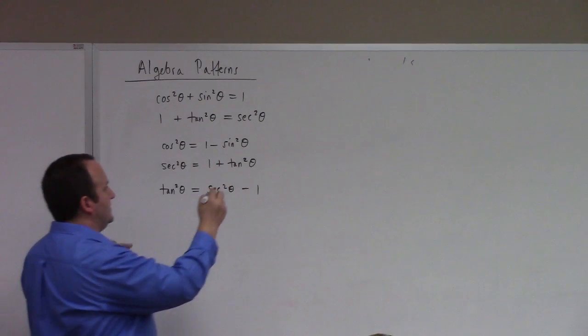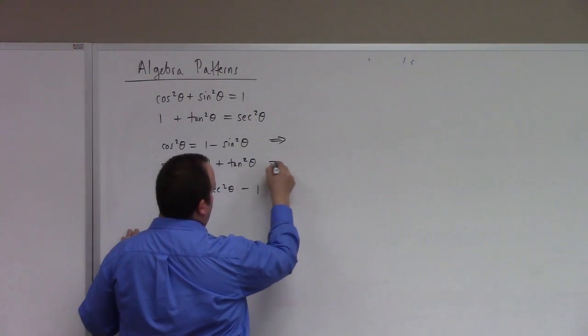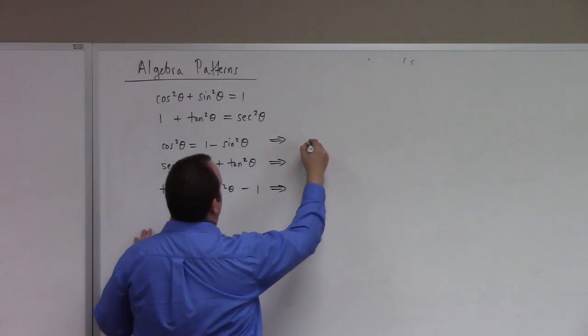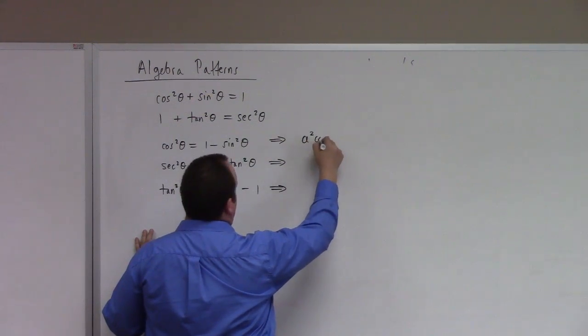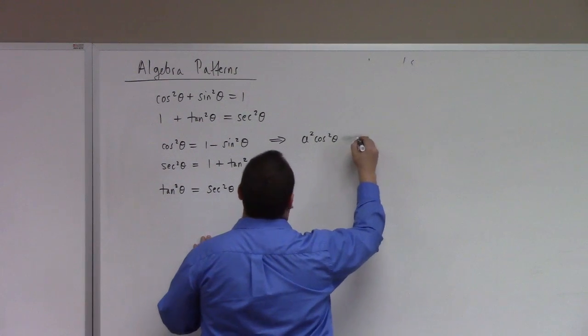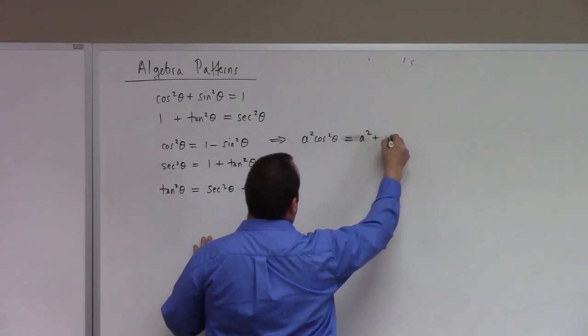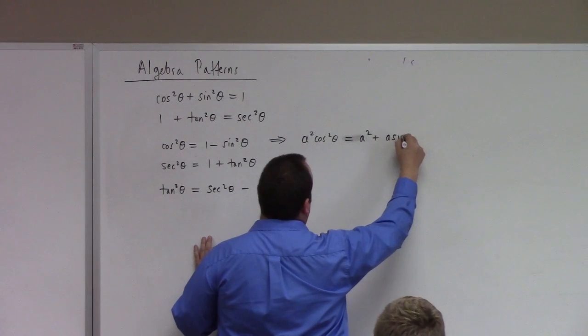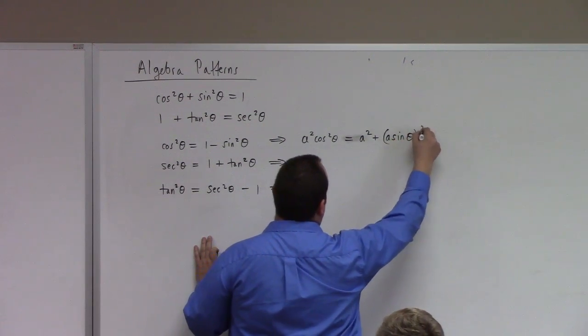Now, if you multiply this by a constant, and multiply this, and multiply this by a constant, that gives us a squared cosine squared theta is equal to a squared minus a sine theta quantity squared.